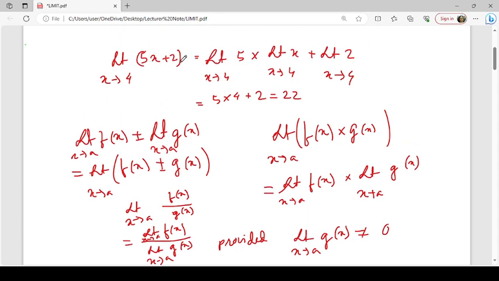The limit of 5x is a product. 5 is a constant function, this is x, so the limit of 5 into x is the limit of 5 into the limit of x. Again, this is f(x) plus g(x): 5x plus 2, so this is the limit of 5x plus the limit of 2.